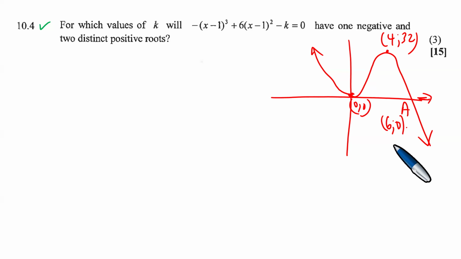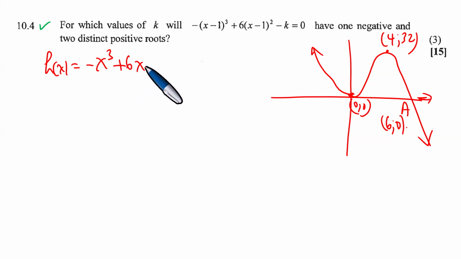I want us to focus on this question. 3 marks, but understand this very, very well. So which means, therefore, you'd have h of x, which is minus x cubed plus 6x squared. Okay, that's what you got. And that is the equation here.